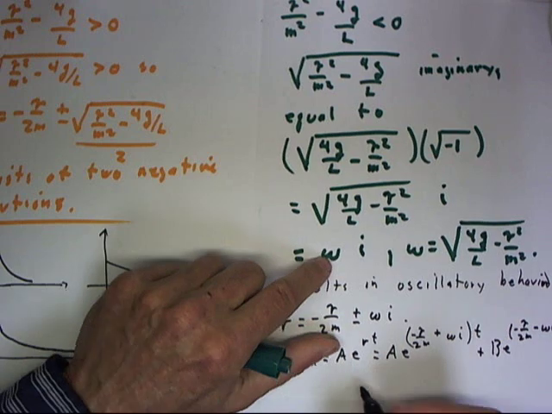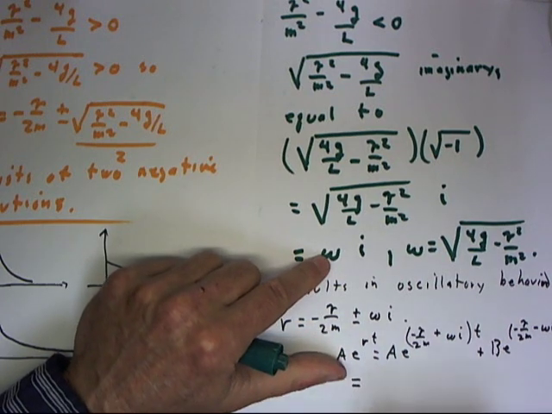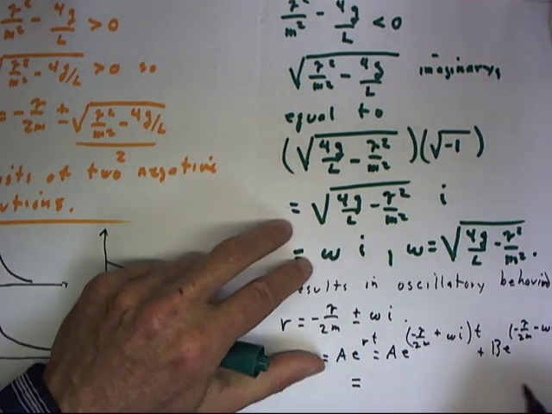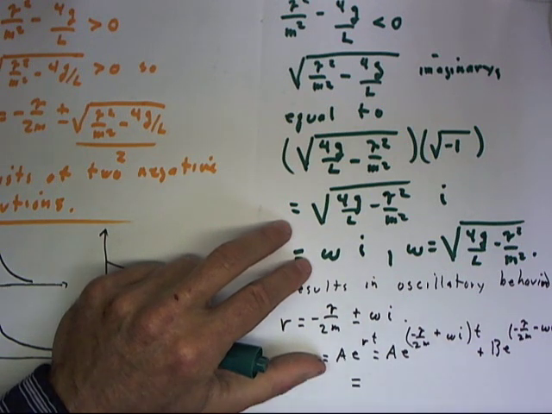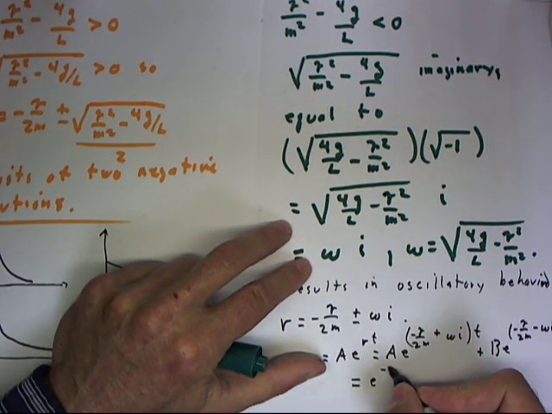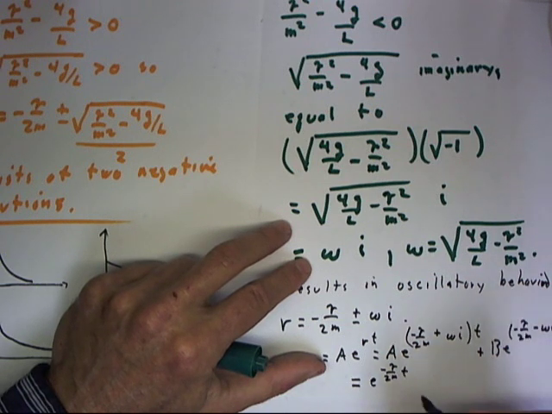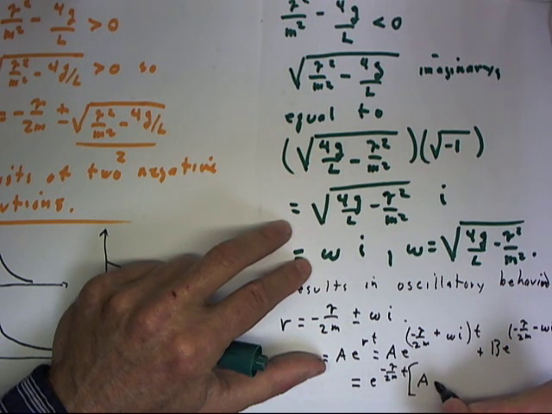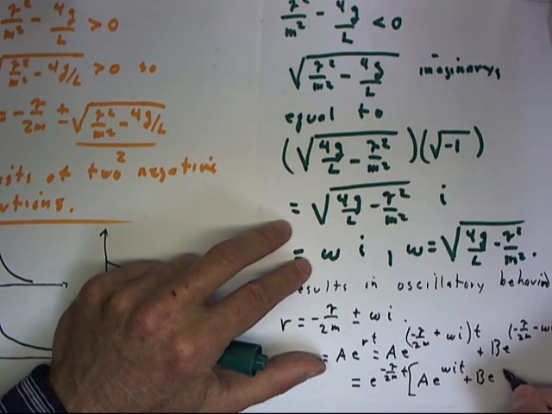It's straightforward to use the laws of exponents to show that this solution becomes just e to the negative gamma over 2m times t multiplied by a e to the omega I t plus b e to the negative omega I t.